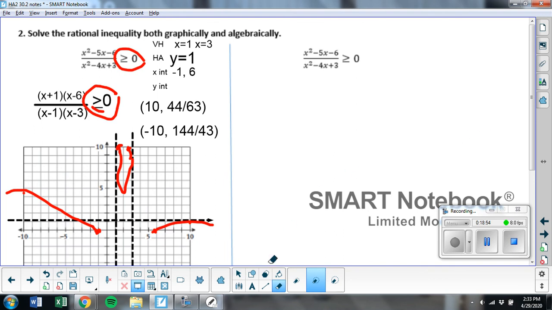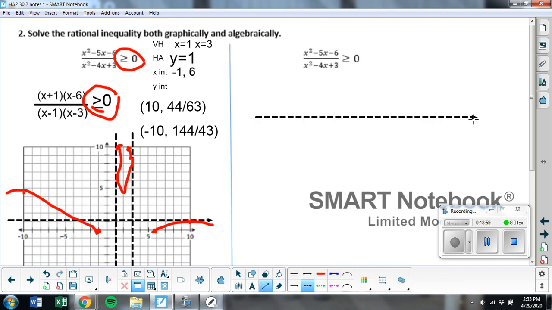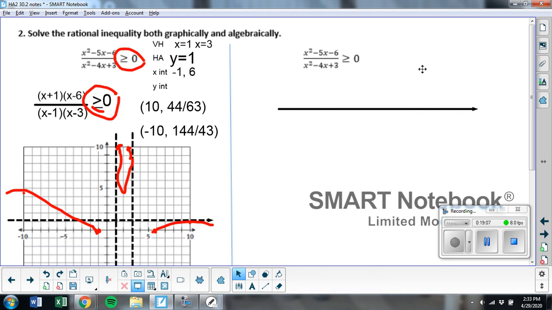So for algebraically, remember, you're going to make a number line, and the only numbers that are going to go on this number line are going to be your vertical asymptotes, so 1 and 3. Let me just write them. 1 and 3, and then you're going to do your x-intercepts, negative 1 and 6.